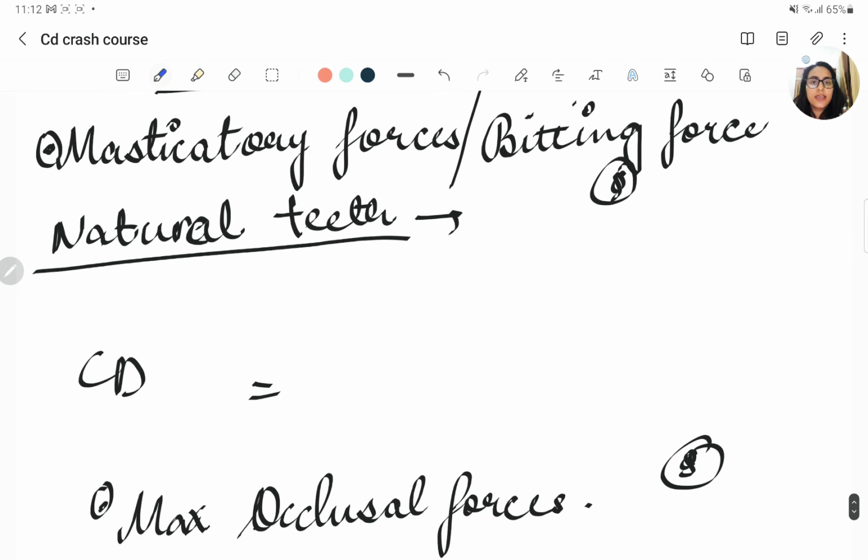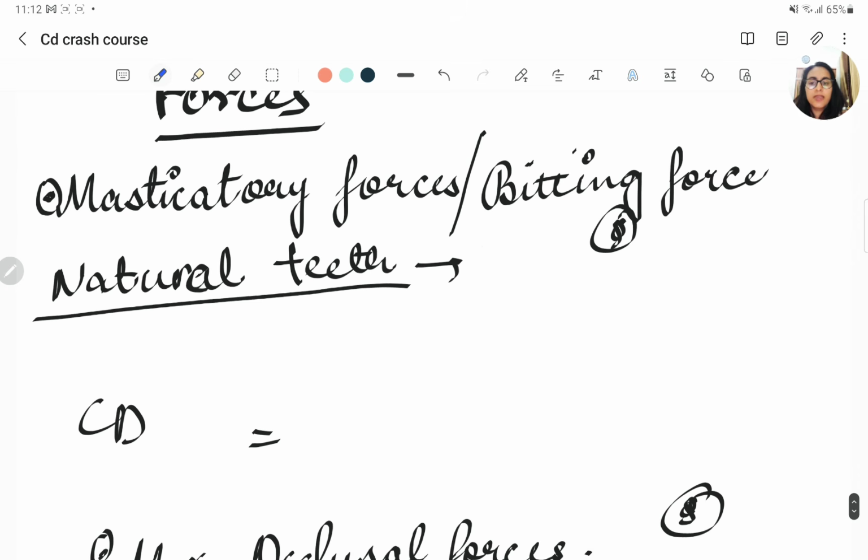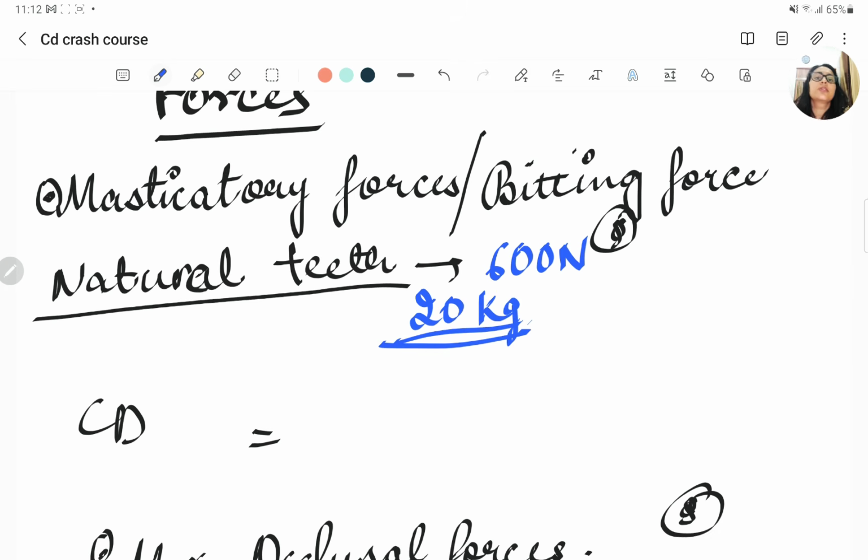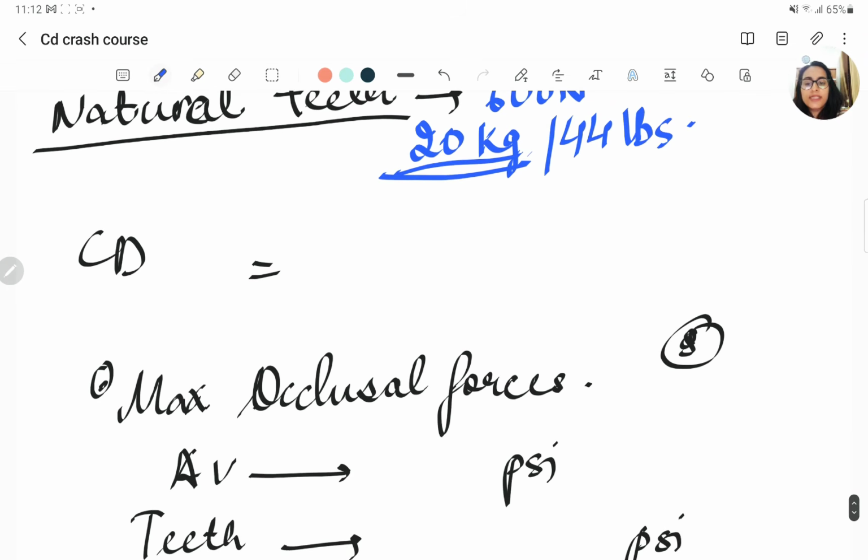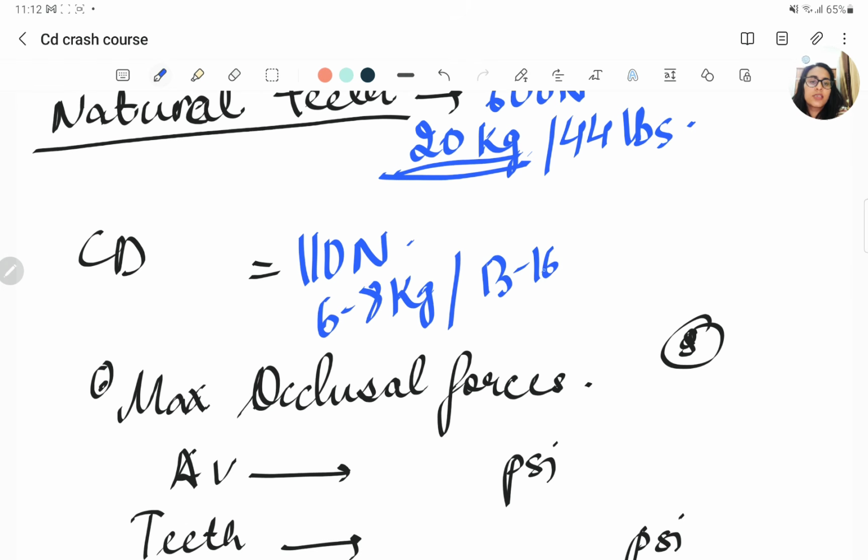Then masticatory or the biting forces in the maxillary teeth are 600 newtons. If they give you in kilograms, 20 kgs, natural teeth can take up masticatory load. That means you can chew up to 20 kgs or 44 pounds. For CD, it is 110 newtons, 6 to 8 kgs or 13 to 16 pounds.